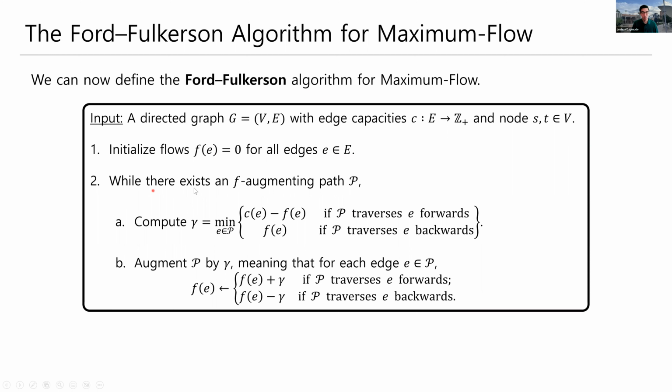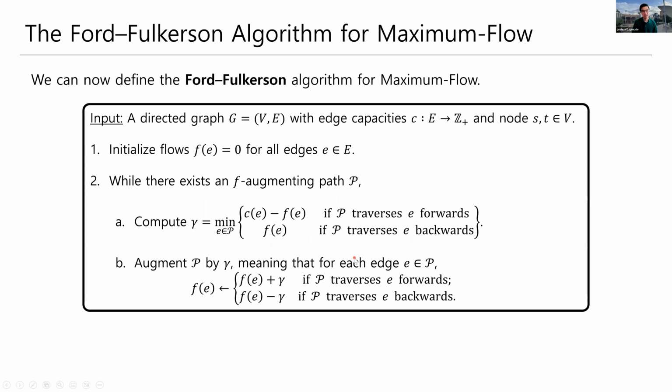It says, while we can find an f-augmenting path, do this stuff, and this stuff is going to get us a flow of higher value. So we just keep looping through this as long as we can find an f-augmenting path, and we do it, continuously improving our flows until there no longer exists one, and then we terminate. So the nuts and bolts of what's actually happening in here.